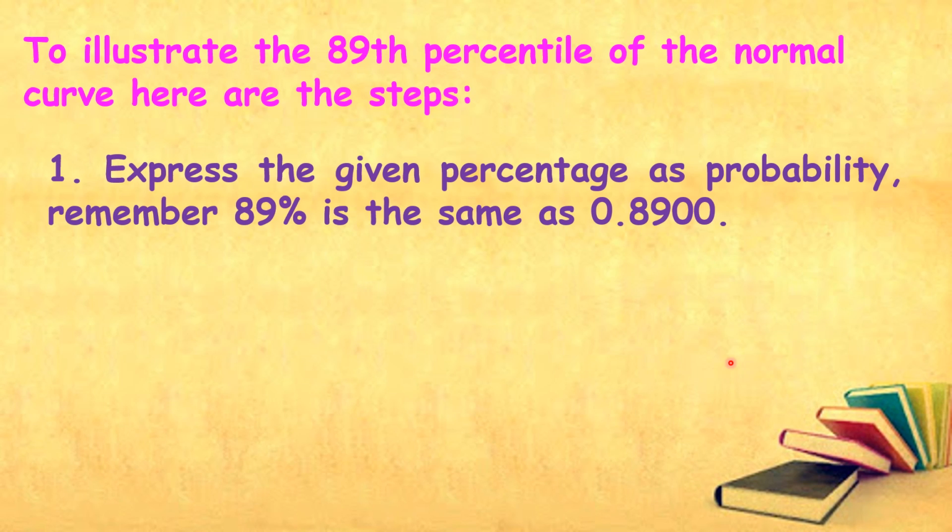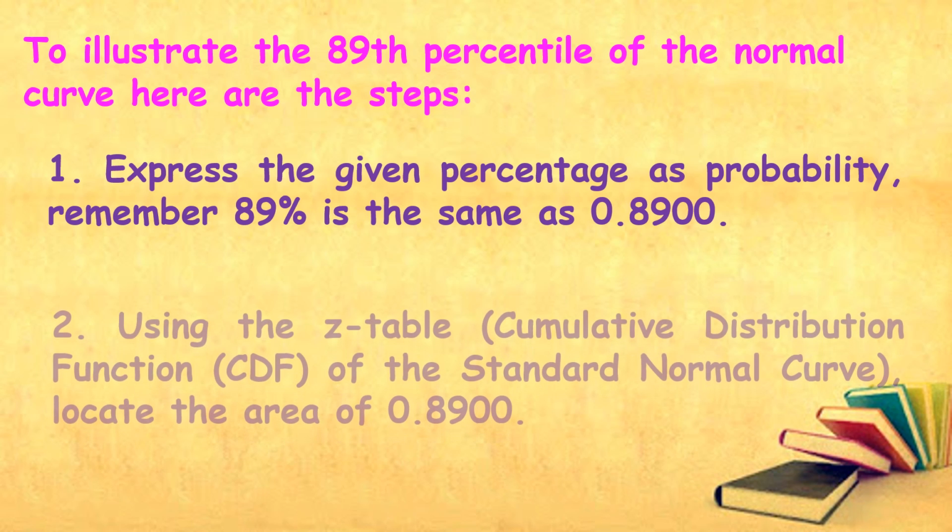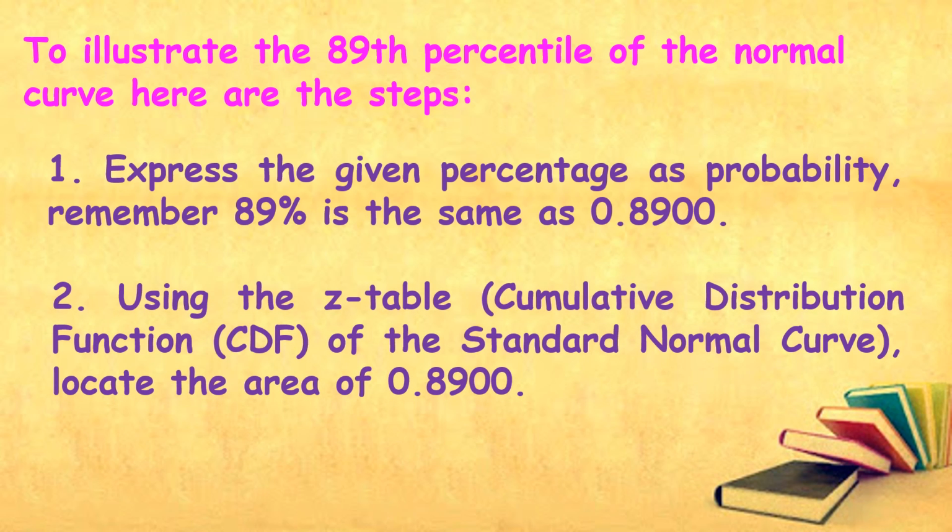Since, again, doon sa ating z-table ay laging 4 decimal places, kaya dinagdagan ng 2 zeros. And then, step 2, using the z-table or the cumulative distribution function of the standard normal curve, locate the area of 0.8900. So, dalawa lang yung steps natin.